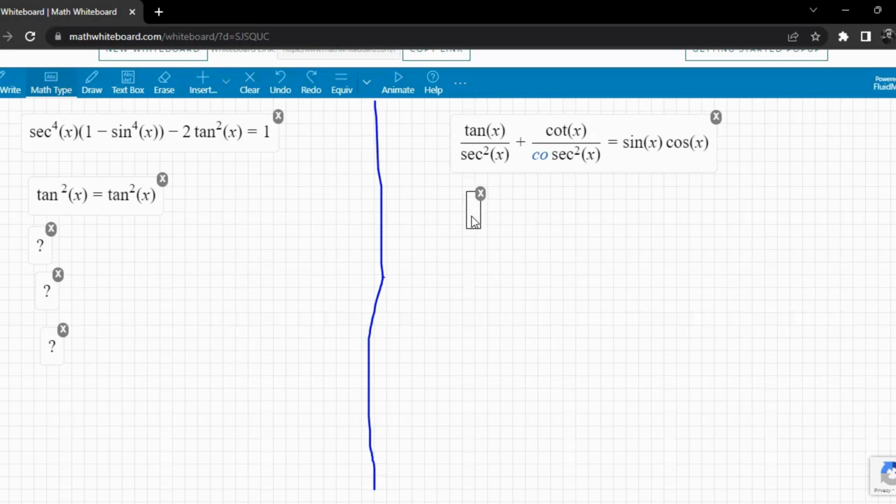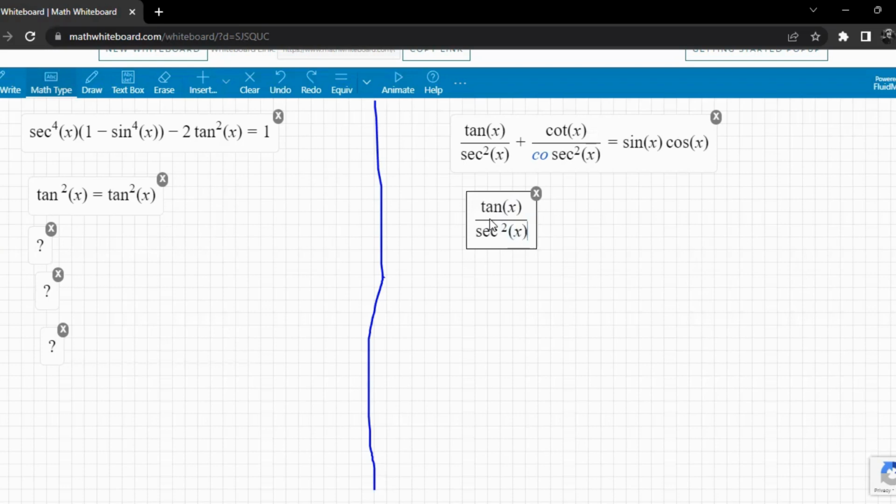Tan of x by secant square x plus cotan of x by cosecant square x equals sin of x times cos of x. So let's start. We can write tan of x by secant square x as tan of x times 1 by secant square x, and the reciprocal of a reciprocal is just the original number, right?